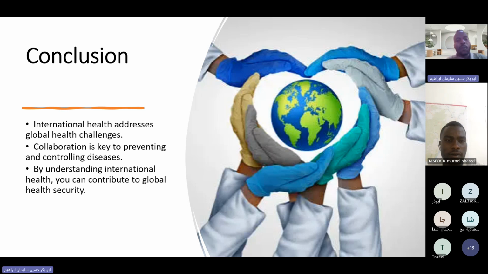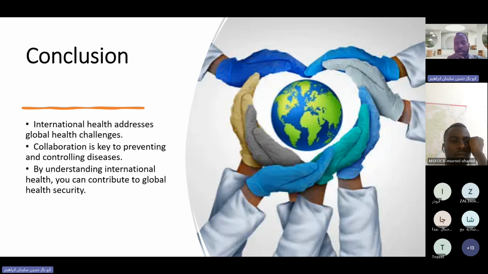Okay. Collaboration is the key to preventing and controlling the disease. The collaboration between agencies, different countries or organizations is a good step to let us control the disease. Additionally, by understanding international health, you can contribute to global health security.